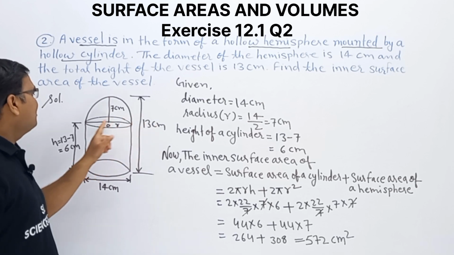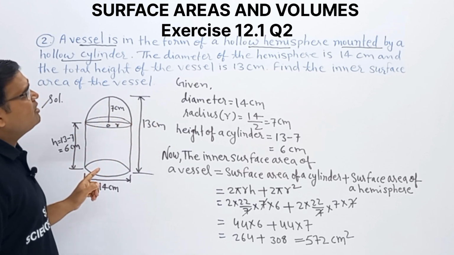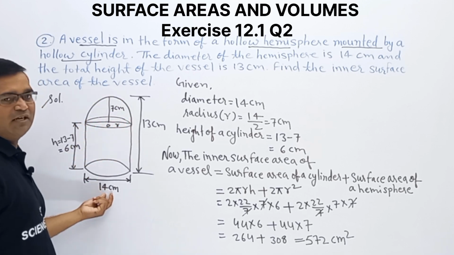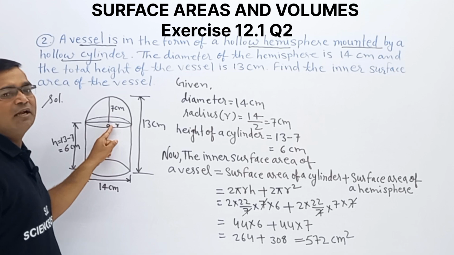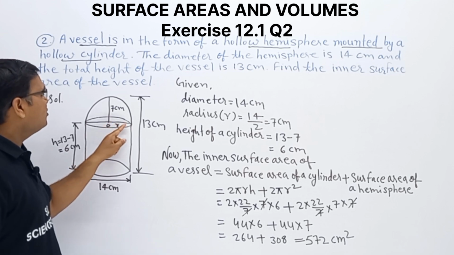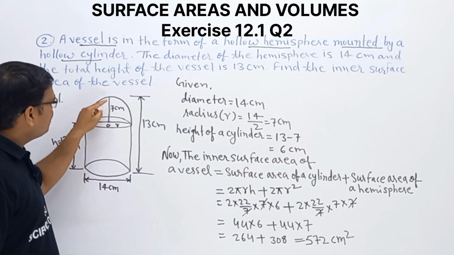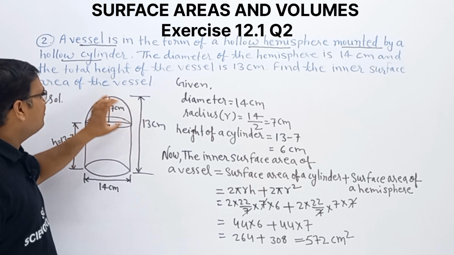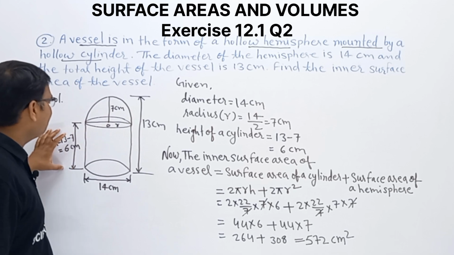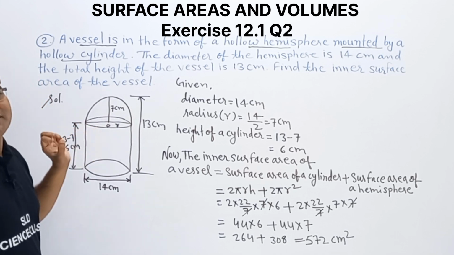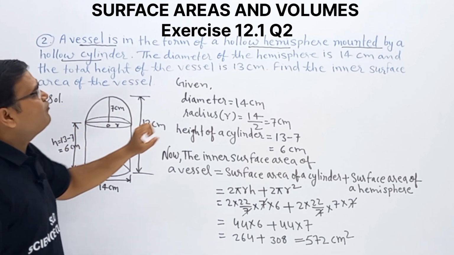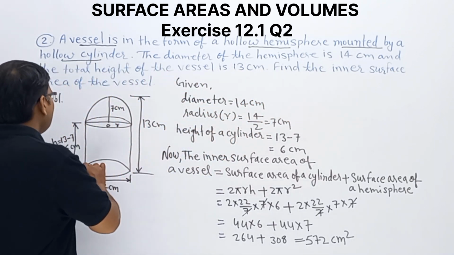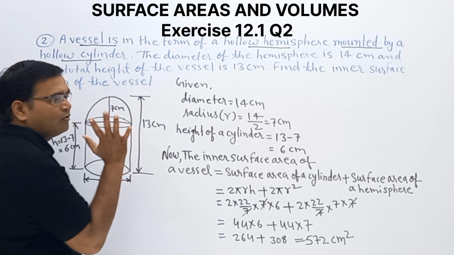The diameter of the hemisphere is 14 centimeter, and half of the diameter is the radius. So this distance is also a radius. We subtract 7 from 13 and get 6 centimeter, the height of the cylinder. Now we want to find the inner surface area of the vessel, meaning this inner part area.